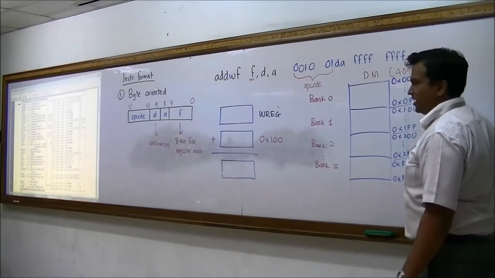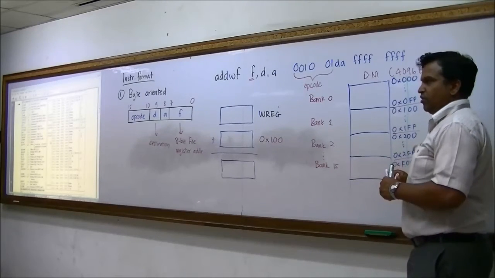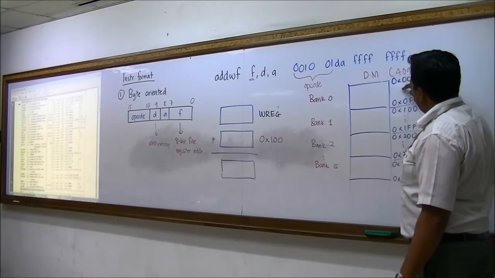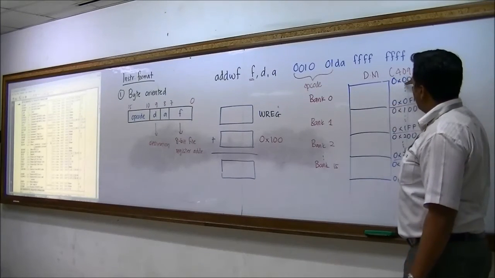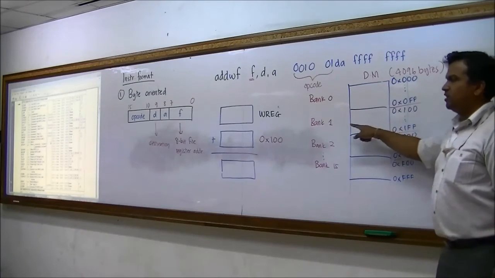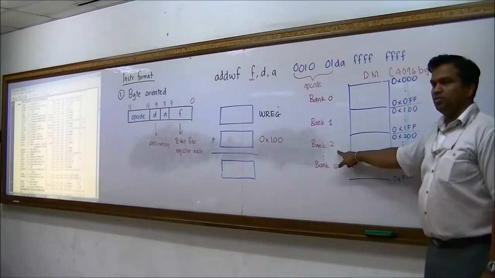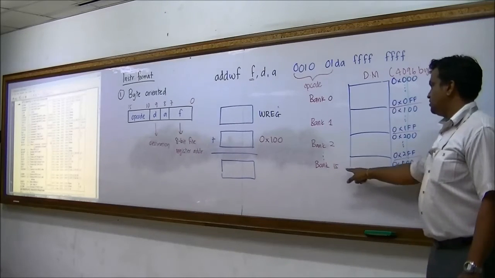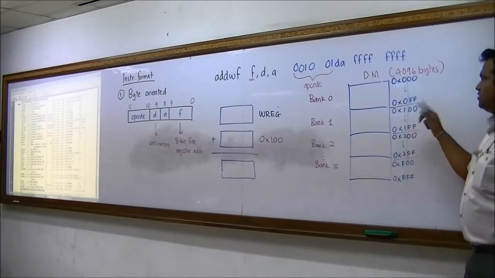All these are 8 bits, is that right? This digit is how many bits? 4 bits. Do you notice the front number is the same as the bank number? This is 0, the bank number is also 0. This is 1, the bank number is also 1. This is 2, the bank number is also 2. 15, 15. Can you see this?